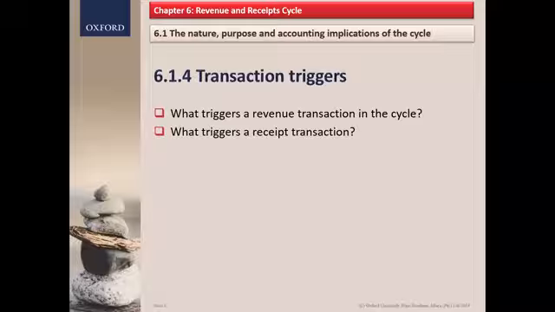Anyone? So the first one, what triggers the revenue is the invoice. Once you get an invoice, you record everything into the book of prime entry, which is your sales journal. Then you move over to your general ledger.